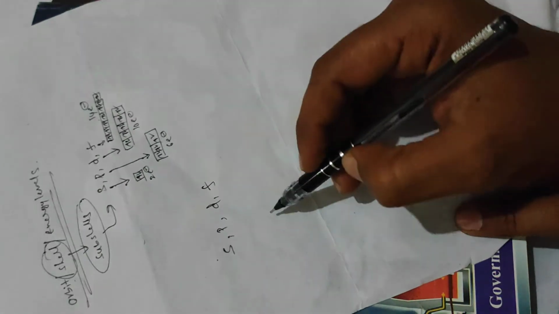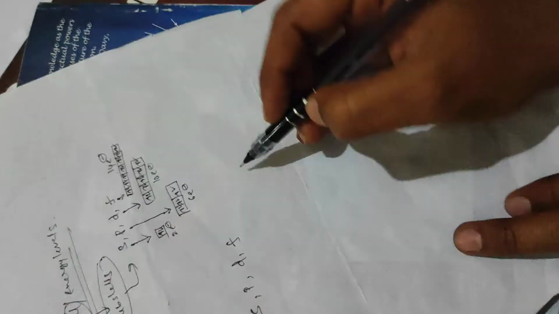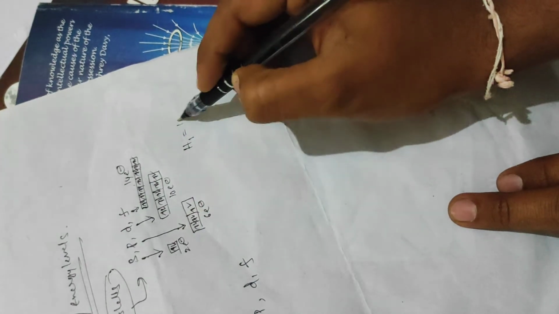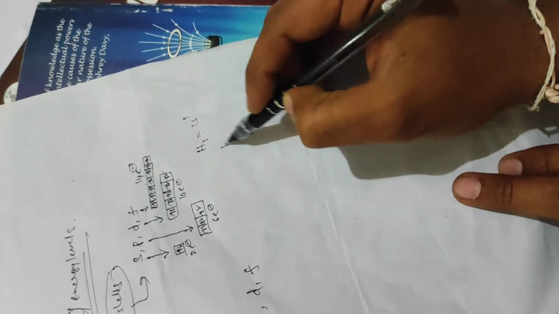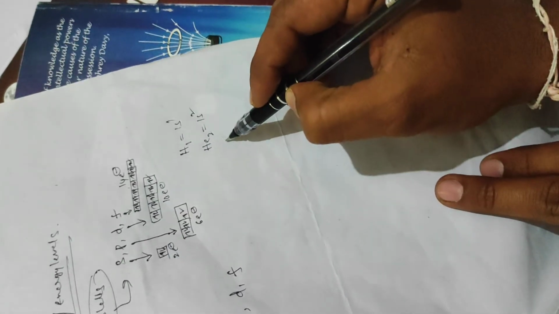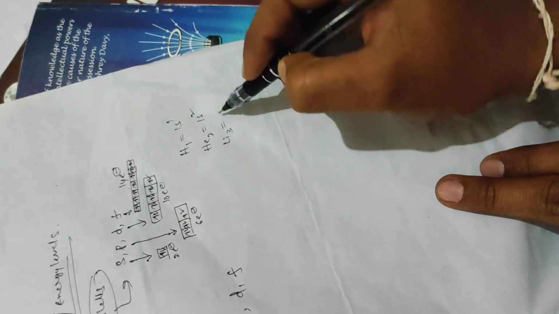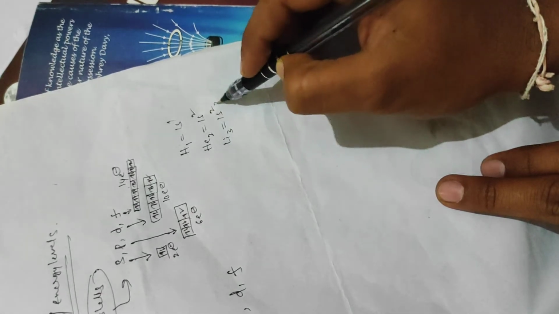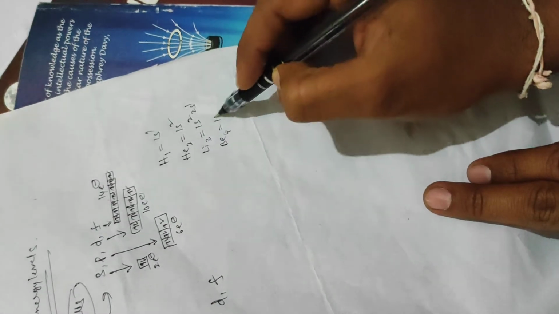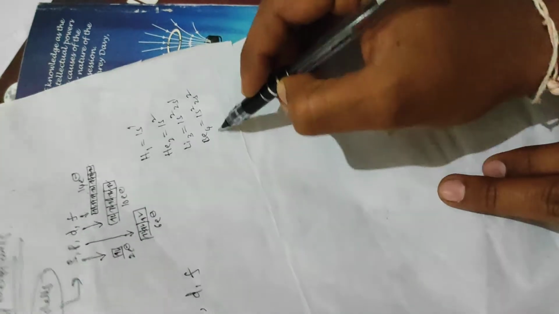So how can you write electronic configuration generally? For example, hydrogen atomic number is 1, so electronic configuration is 1s1. Helium atomic number 2, 1s2. Lithium atomic number 3, 1s2 2s1. Beryllium atomic number 4, 1s2 2s2.